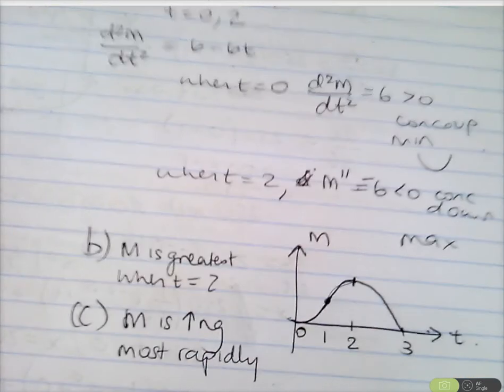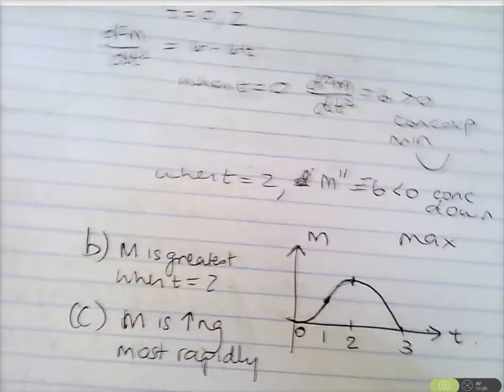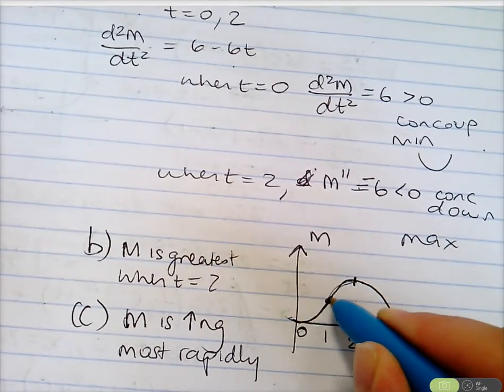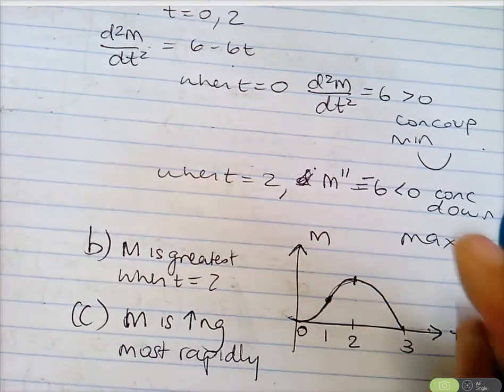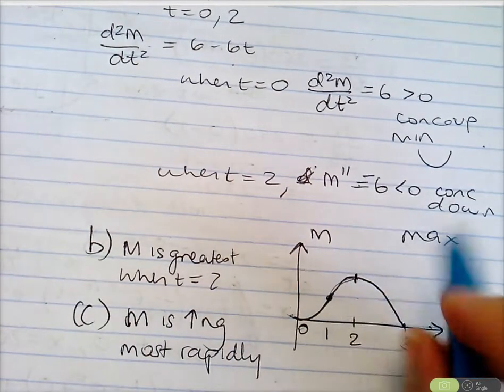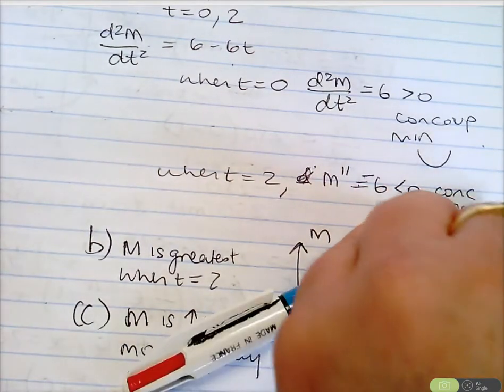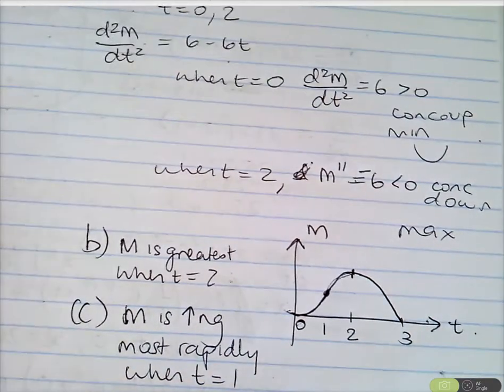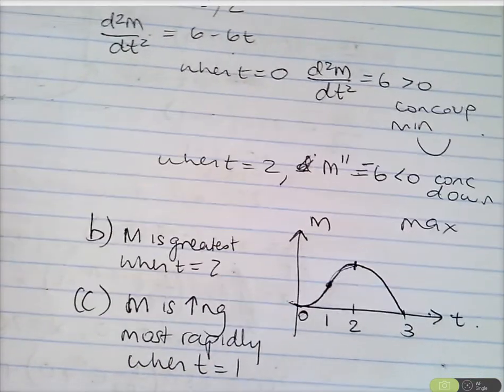You're looking for the steepest part of the graph. The gradient here is the steepest positive gradient, and then it's still positive but gets flatter. Most rapidly when T is 1. That's a good application question.